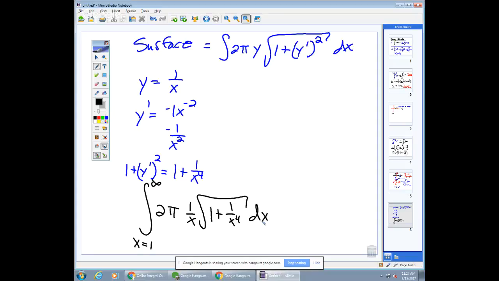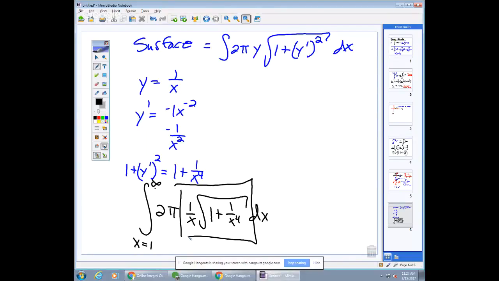I think I got that right. Now we have to hope we can clean that up, and we have to rewrite it as a limit. Before we do the limit, let's see if we can clean this up a little bit so we can work with it.